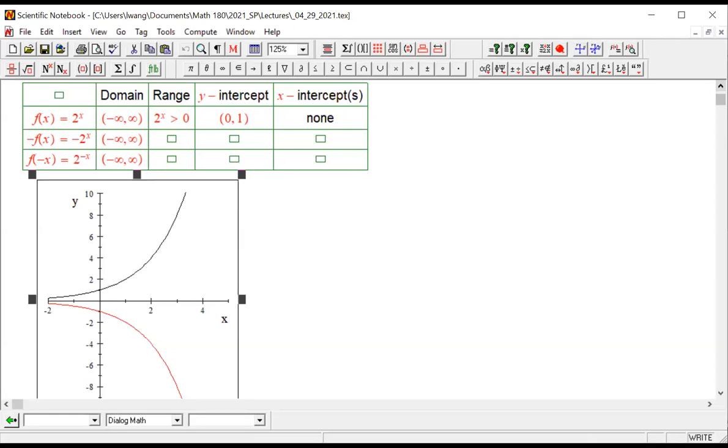It reflects across the y-axis. Very good comment. So shall we plot some points? Does everybody see that?